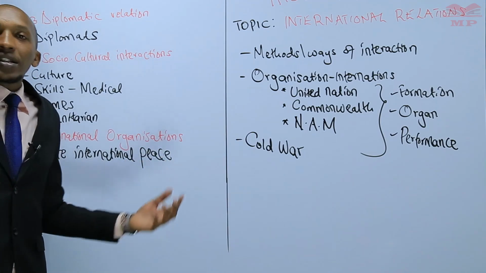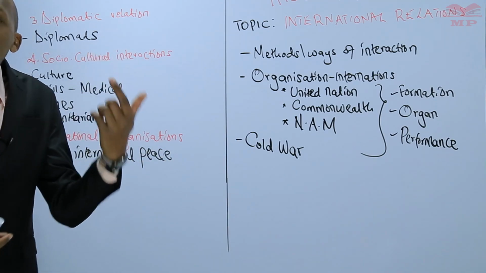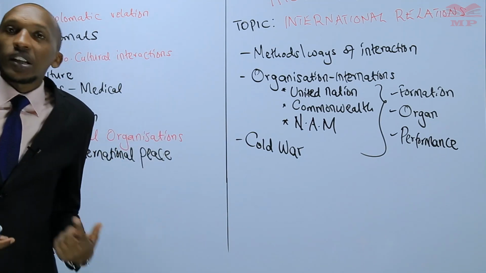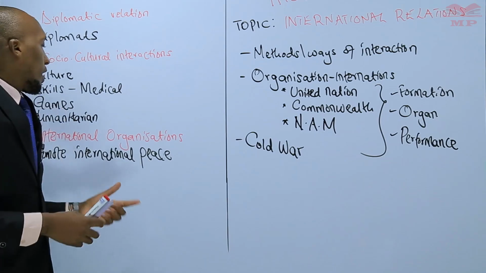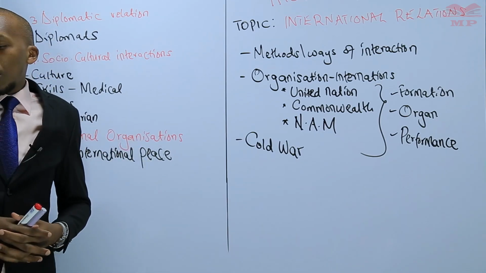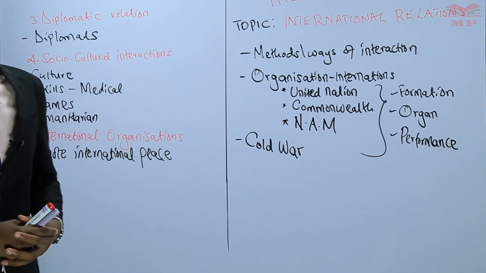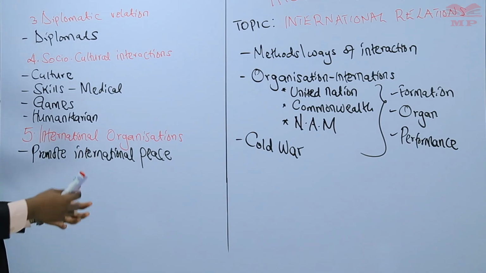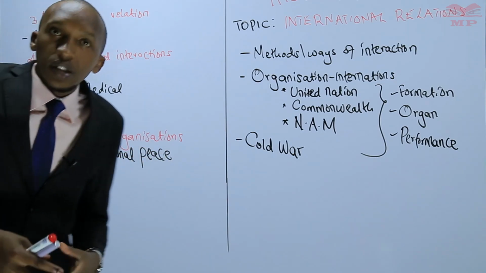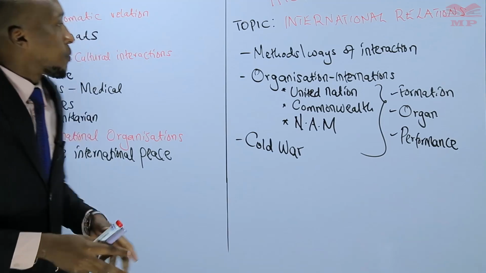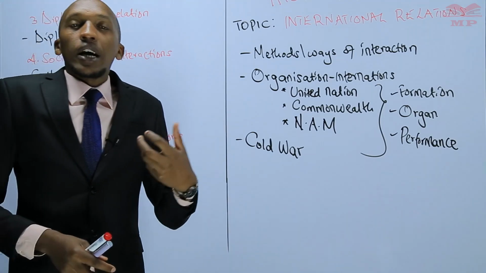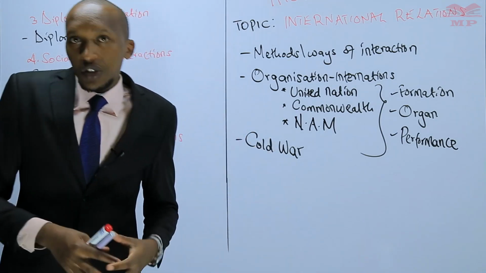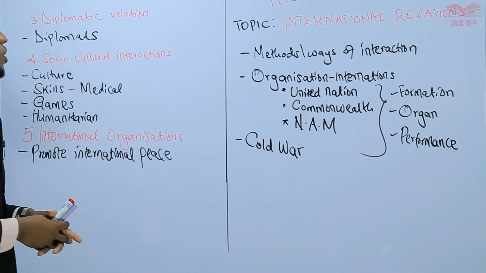And we are going to be discussing specific organizations that run throughout the world to make sure that there is peace being experienced among the nations. So those are the different ways in which the countries of the world are able to interact.